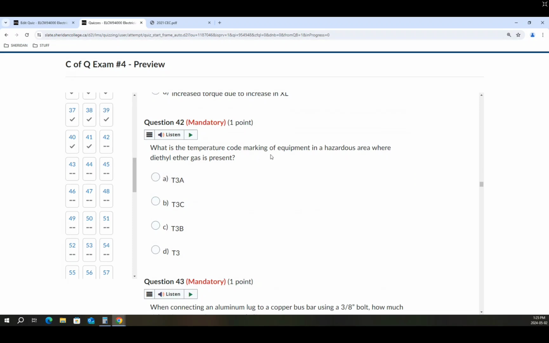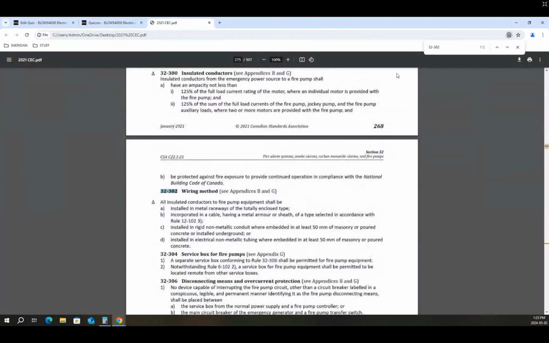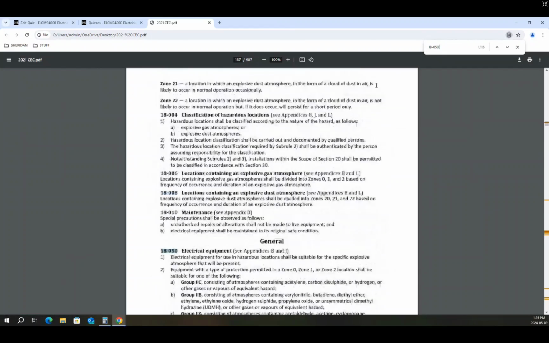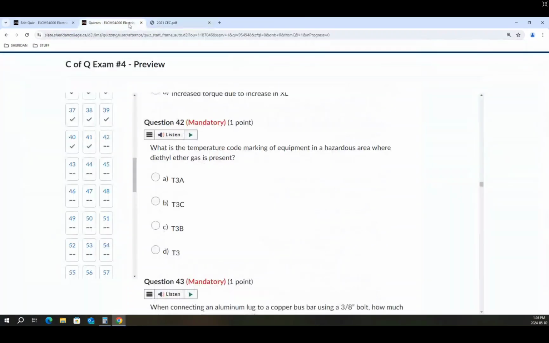Question 42. What is the temperature code marking of equipment in hazardous areas where diethyl ether gas is present? And this one's going to be one of those ones that makes you run around the code book. So I'm going to start with section 18, hazardous locations.